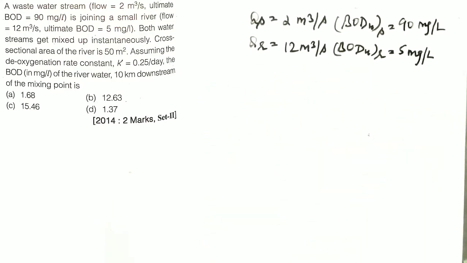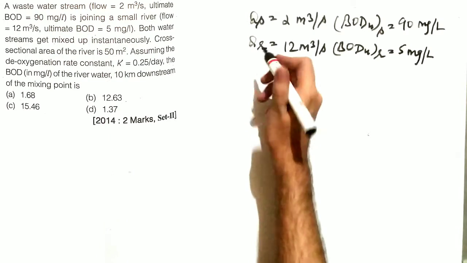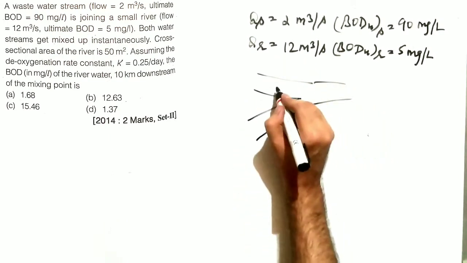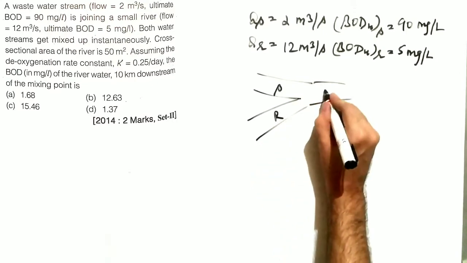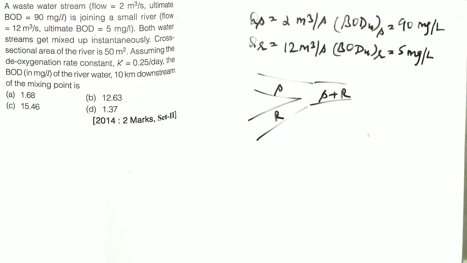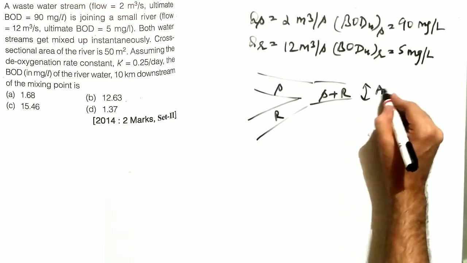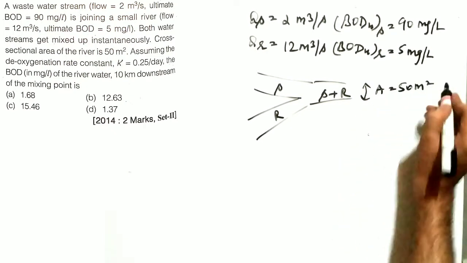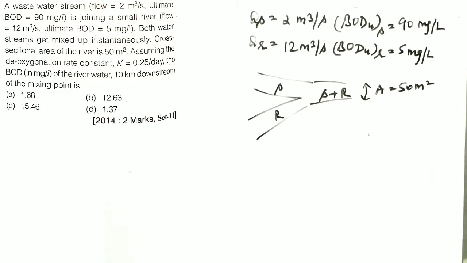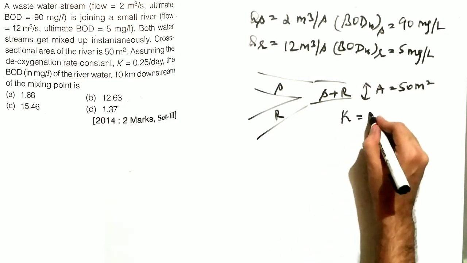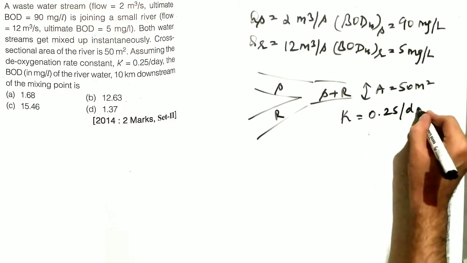Let's come back to the question. It is given that both these streams mix. As in the first question, this is sewage, this is river, this is sewage plus river. The cross-sectional area of the river is given as 50 meter square, and also the K value, natural K, is given as 0.25 per day.